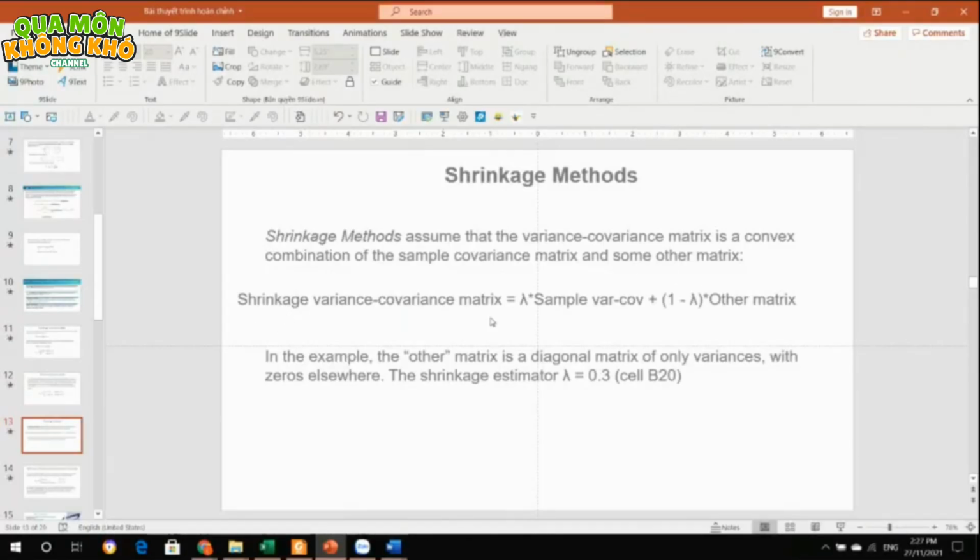The shrinkage variance covariance matrix equals lambda multiplied by the sample variance covariance matrix plus 1 minus lambda multiplied by the other matrix. In the example itself, the other matrix here is the narrow matrix of only variances with 0 elsewhere, and the shrinkage estimator lambda equals 0.3.